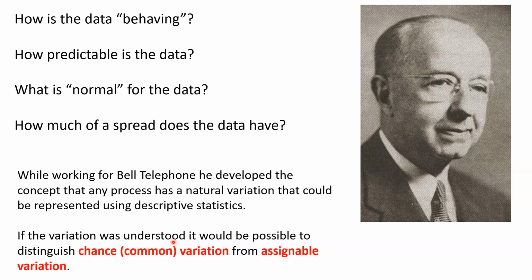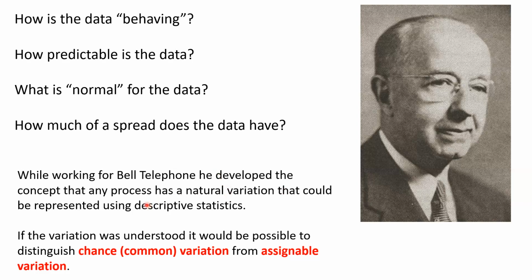So what did he do? Now, William Short was an engineer, a statistician, and a professor who was responsible for understanding the concept of natural variation within a process. He was working at Bell Telephone in the early part of the 20th century, and he developed the concept that any process has a natural variation to it, as far as how it just varies in its particular outputs.